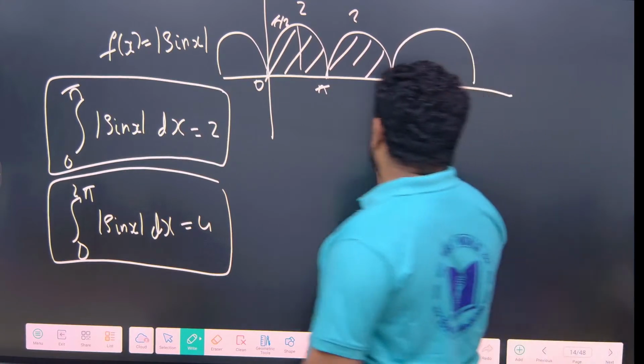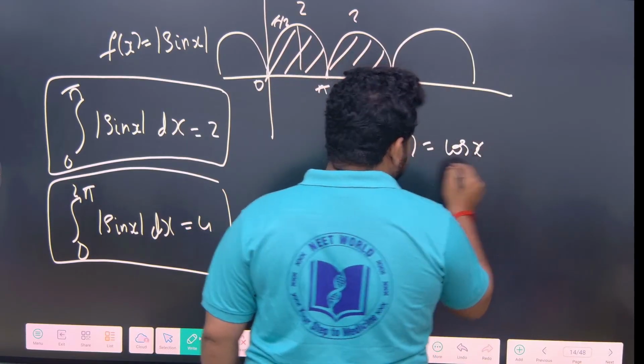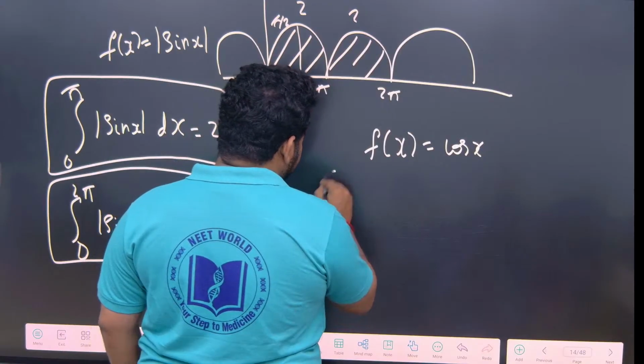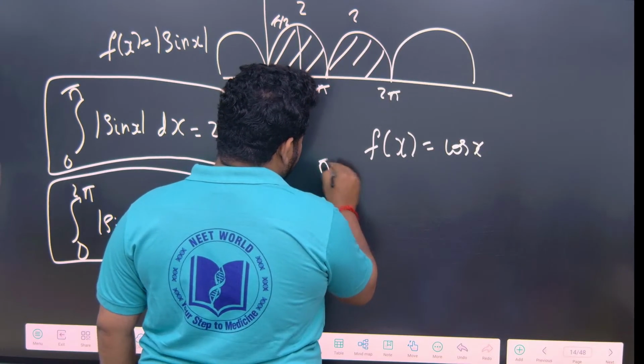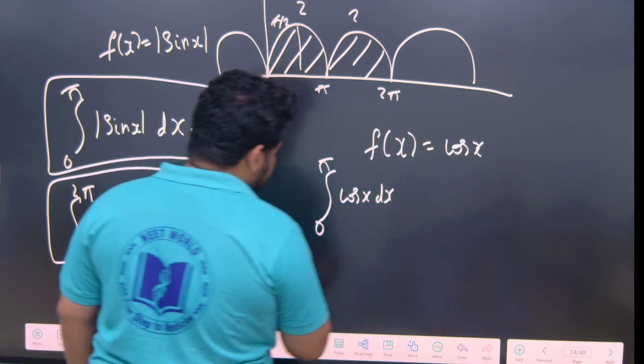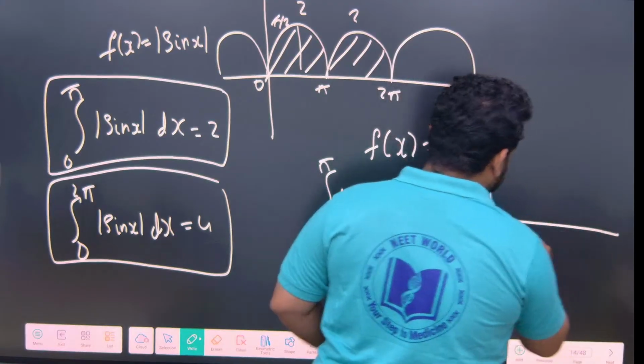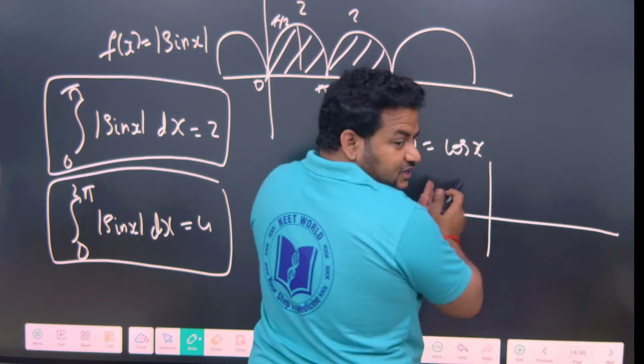Now, if I talk about f of x equal to cos x, the integral of 0 to pi cos x dx. The cos x curve starts like this, the sine curve shifted like this.